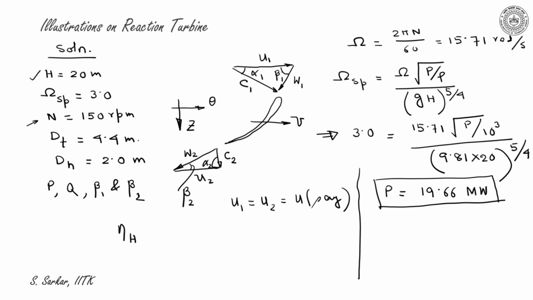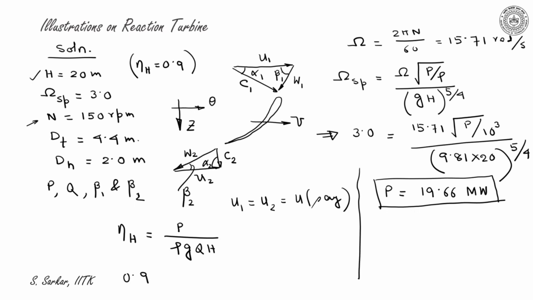So put all the values here. 0.9 is equal to P, 19.66 into 10 to the power 6, divided by 10 to the power 3 rho into g, that means 9.81, Q you do not know, head given as 20 meter.